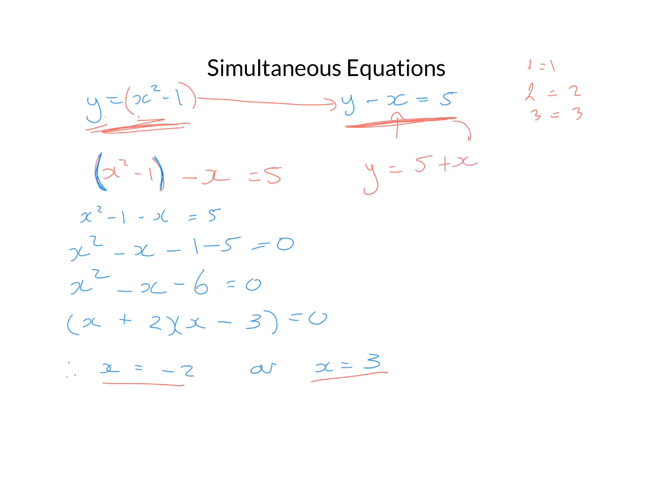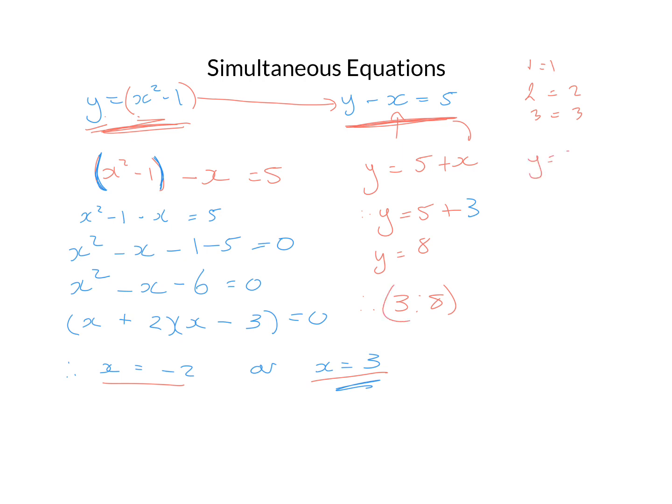I've just rearranged this. Therefore, we have y is equal to 5 plus, we're going to substitute this one in first, 3, and so I get y is equal to 8. So therefore, I have 3 and 8 as my answer.